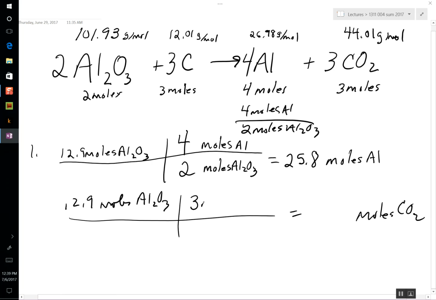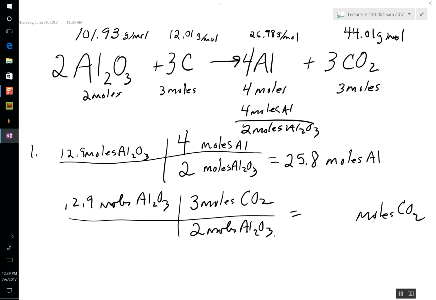Well, you're going to get 3 moles of carbon dioxide for every 2 moles of aluminum oxide that react. So 3-to-2. So how many moles of CO2 would that get you?